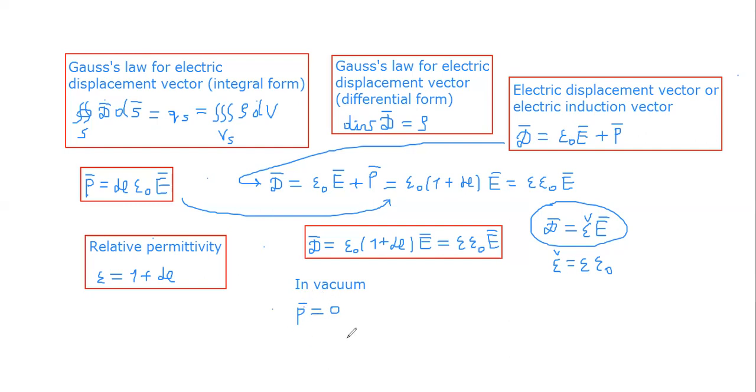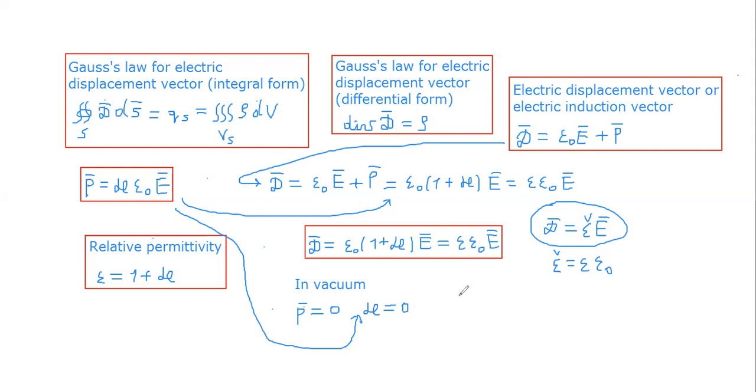Now P is polarization density, and if P is equal to 0, we will have that the electric susceptibility is also equal to 0.